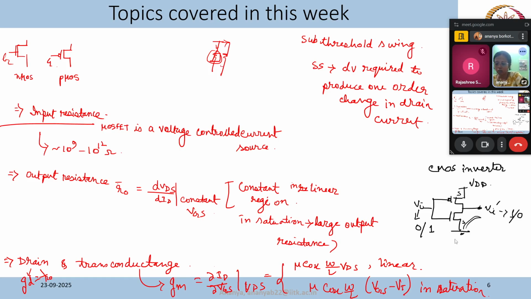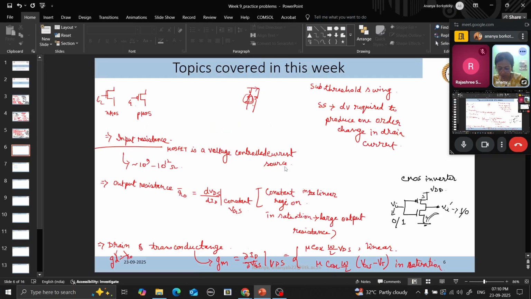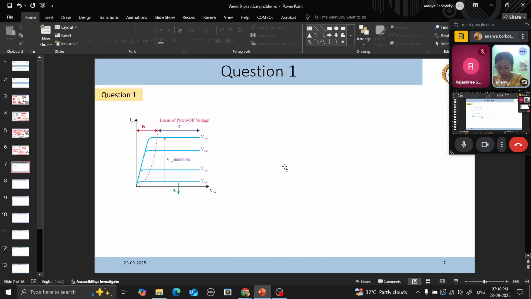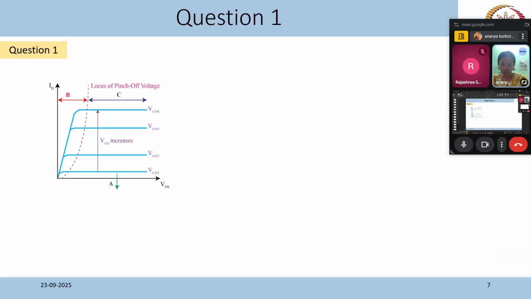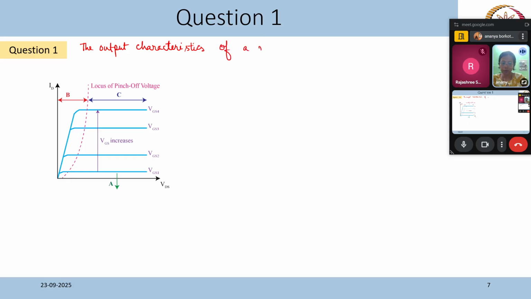Okay, so let's go to the questions. This graph is given in the first question. The output characteristics of an NMOS is given in the figure.